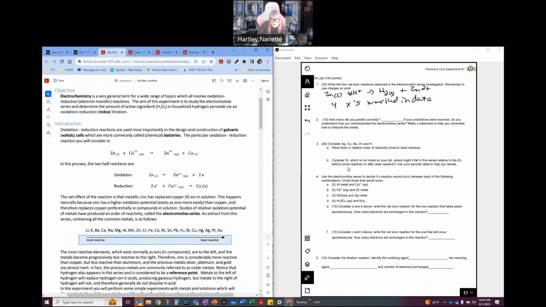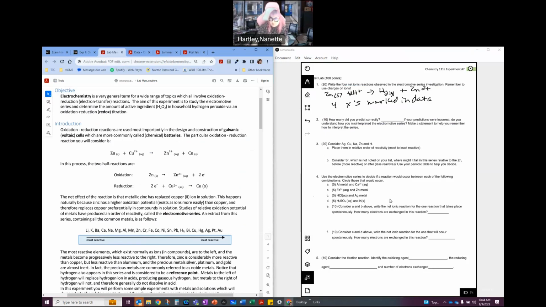And where might it fall? More or less related to Zn. So you get to make a guess about that. And you get to explain to me why you think that that's where it goes. Okay. So 4 of these are on this list. You need to say, okay, and they want them most reactive to least reactive. So whichever one comes first in this list, that's what you're going to say. Okay.